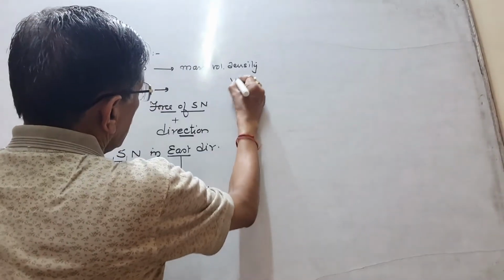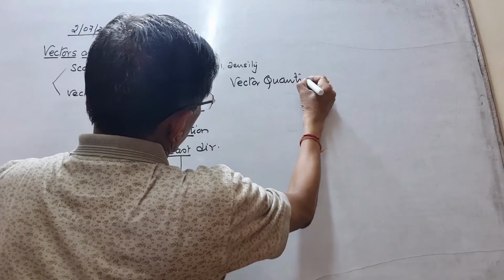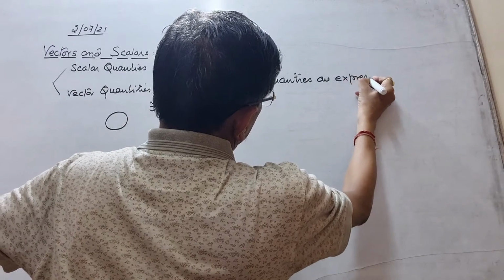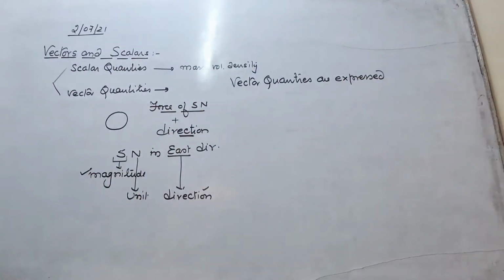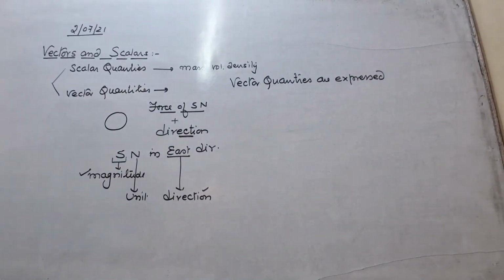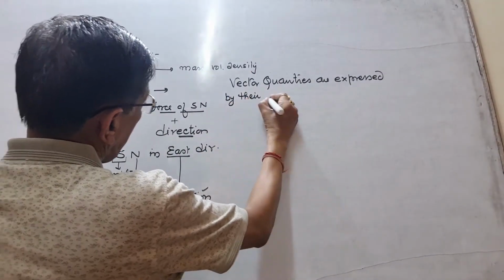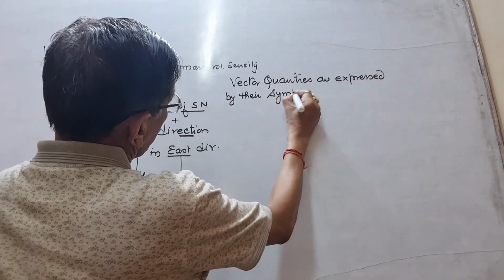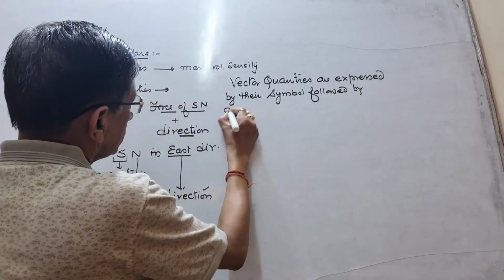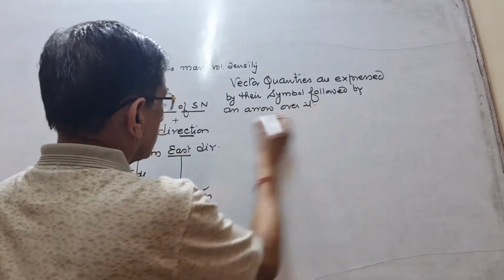Dear students, vector quantities are expressed. Now the question is how we shall express the vector quantities. Vector quantities are expressed by their symbol followed by an arrow over it.